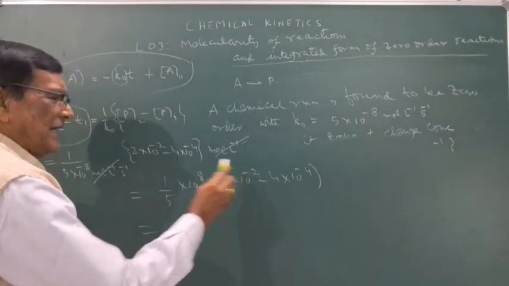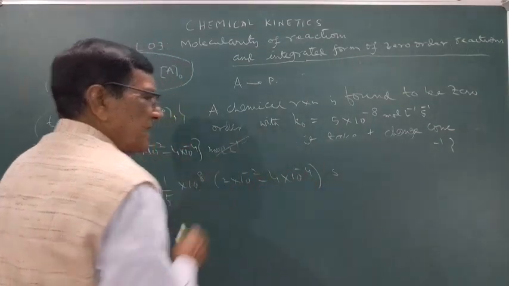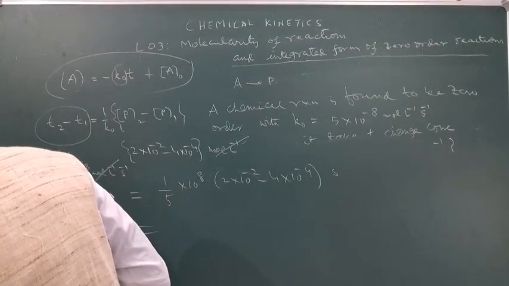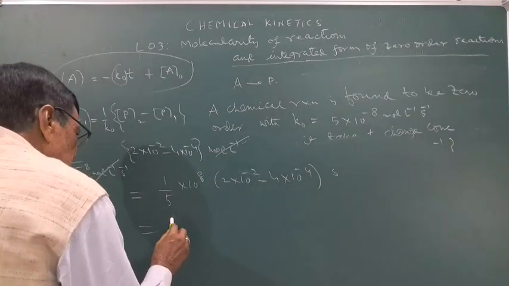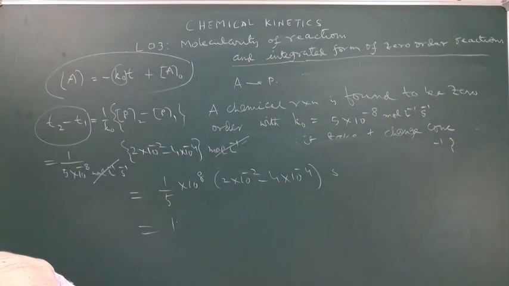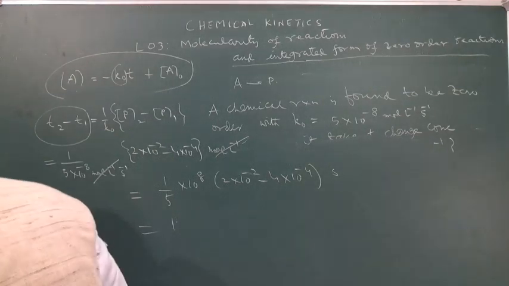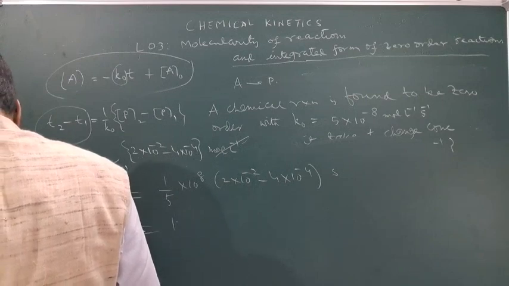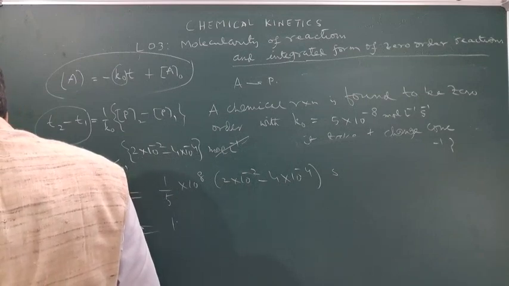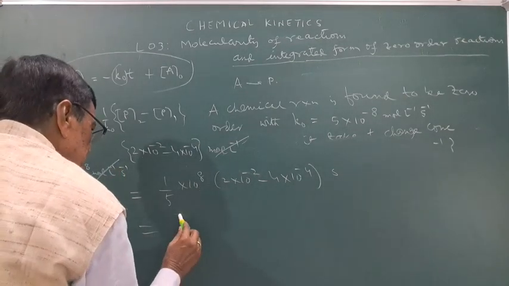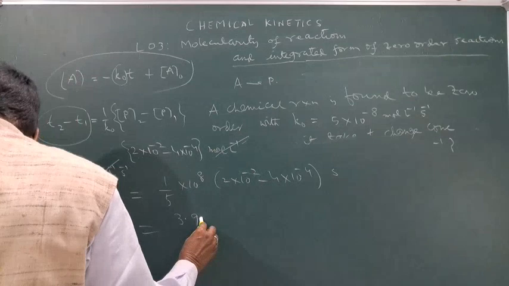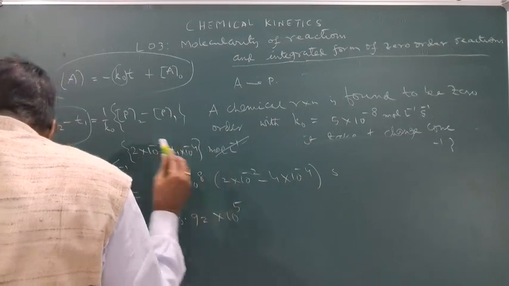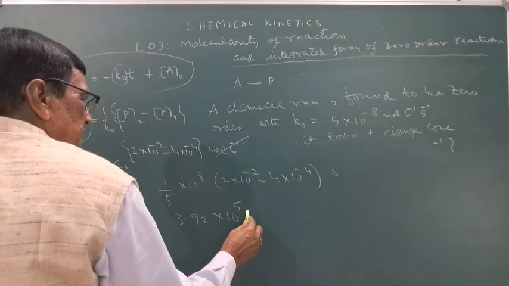If you calculate this one, then it will give you 3.92 into 10 to the power 5 second.